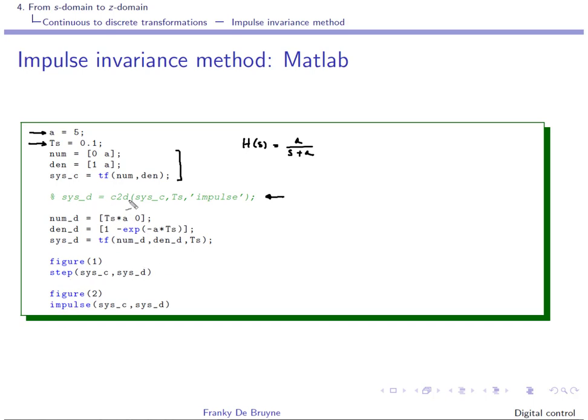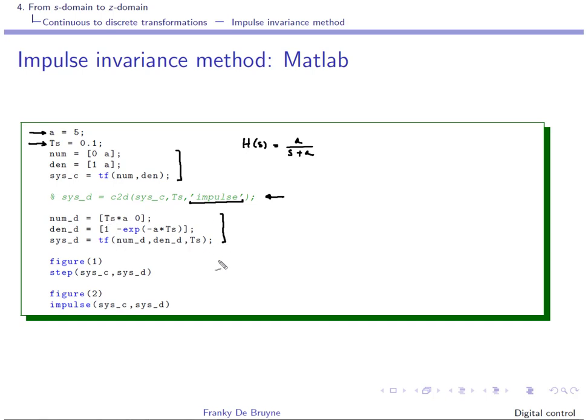If you use the command c2d, continuous to discrete, you have to enter your continuous time description, give the Ts that you want, and then the method, and the impulse invariance method you can use in Matlab using the argument impulse, right? We will not do this.